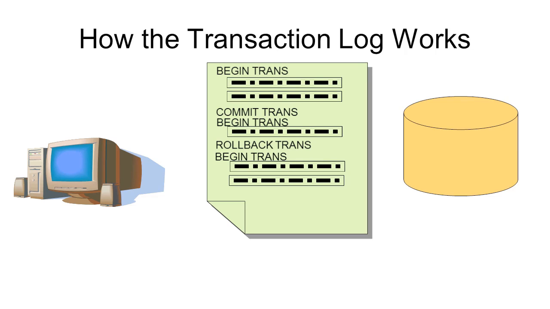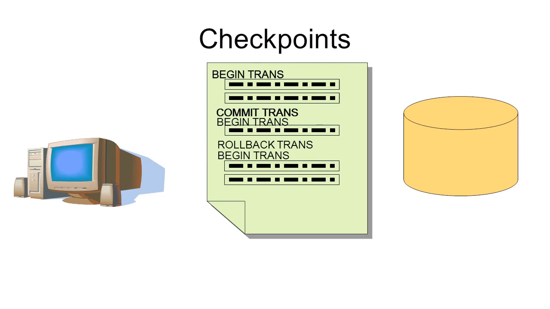Now let's talk about checkpoints. Every so often, SQL will perform what's called a checkpoint. Checkpointing is the process by which the transactions in the log are either written to the database, discarded, or left alone, depending on their state. So when the checkpoint occurs, any transactions that are complete will actually write to the database. So right now, say this first transaction was a lot of data that was inserted.